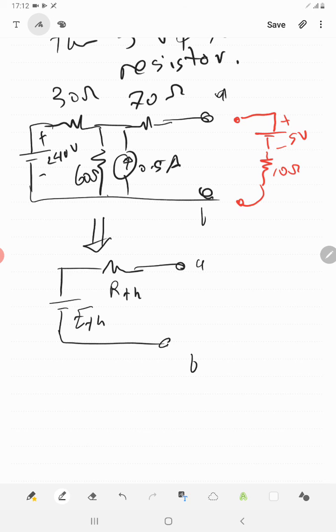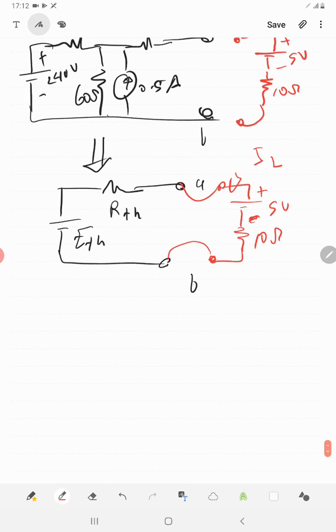And we put back the 5 volts and the series resistance of 10 ohms with it, reconnect them with the original circuit, and we can calculate I load.